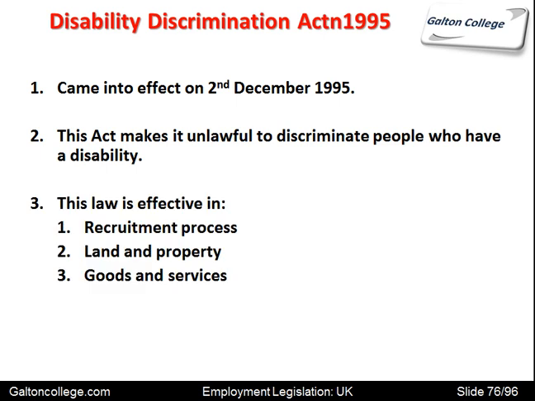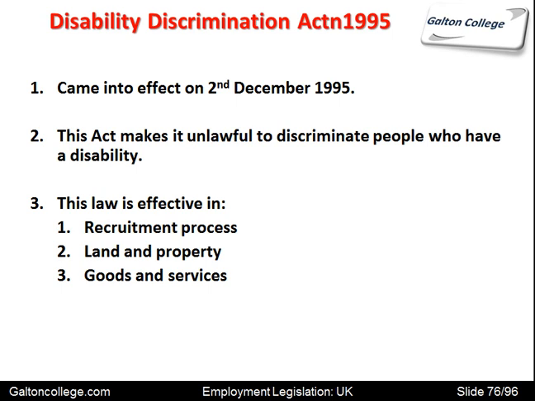The law is effective in the recruitment process, in land and property, and goods and services. So a landlord, for example, cannot refuse to have a person as a tenant because of a disability. They should be able to buy property irrespective of disability, and so on. Goods and services have to be suitable for use for the disabled.